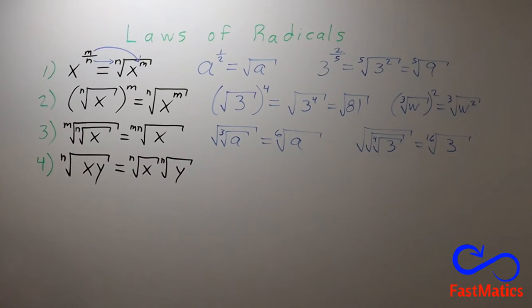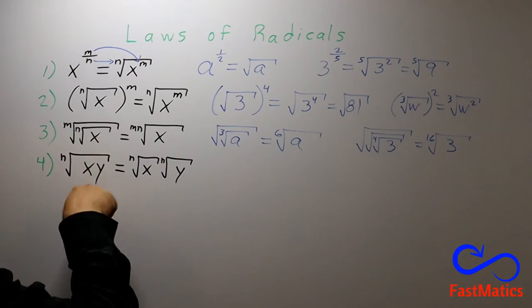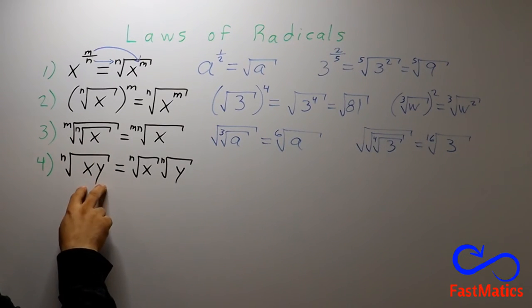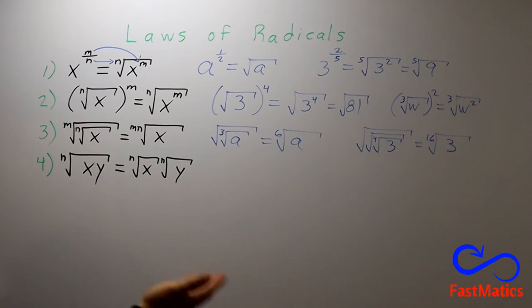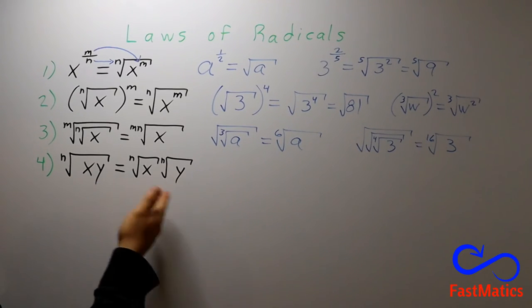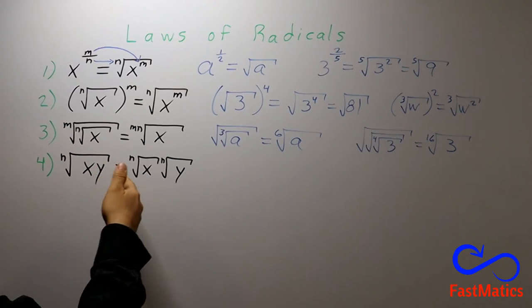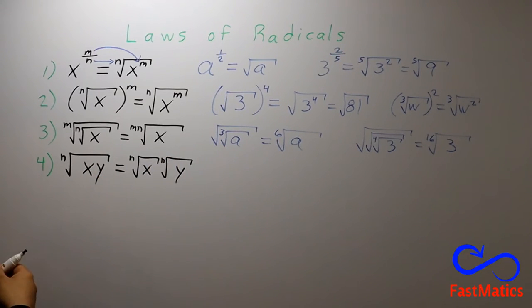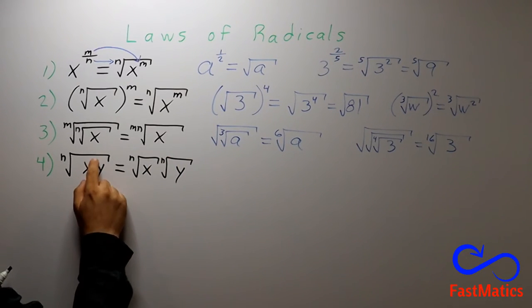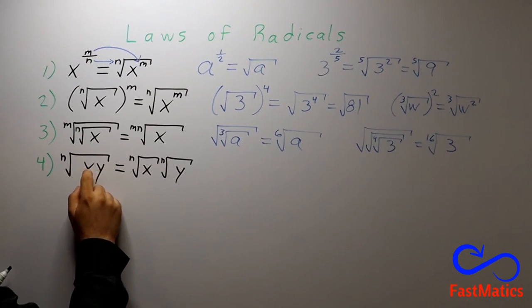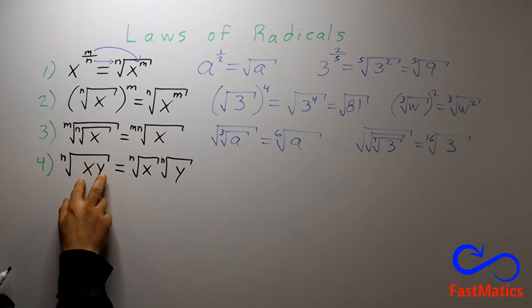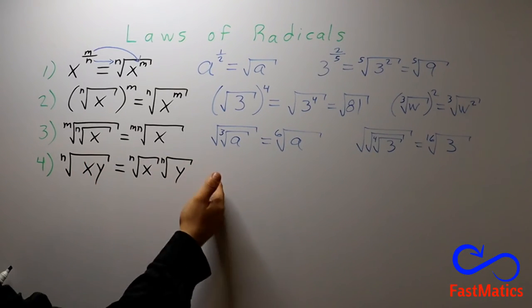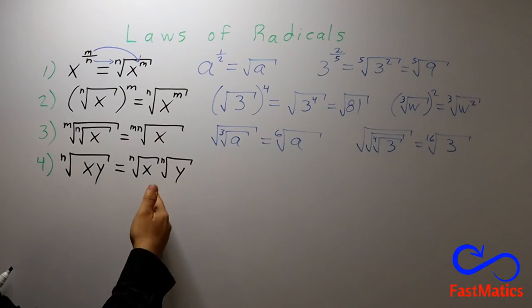That means if you have inside of a root two factors that are multiplying, you can divide that root into many roots. But pay attention, because if you have a plus or a negative sign between the two terms, you cannot divide into many roots.